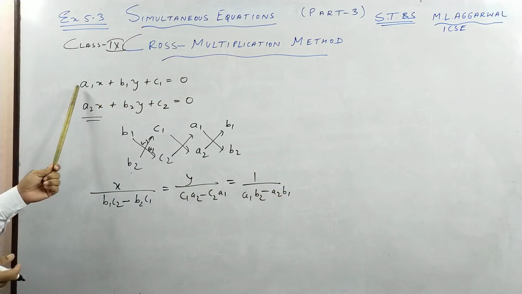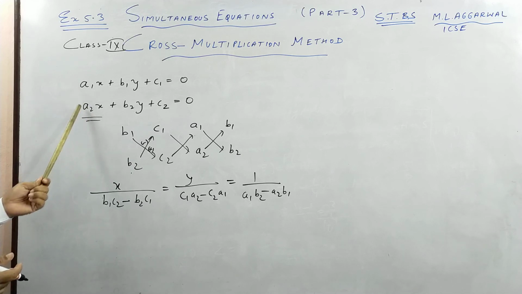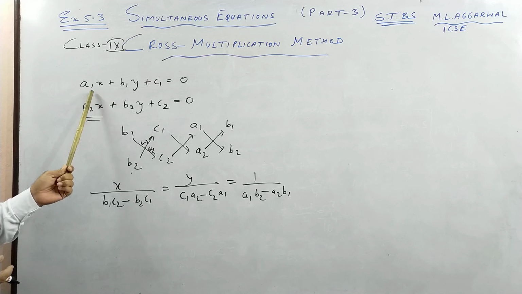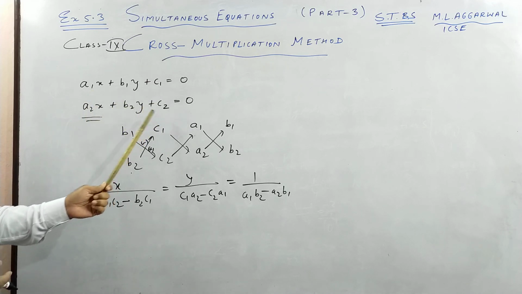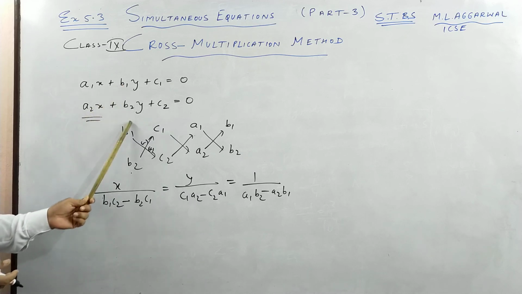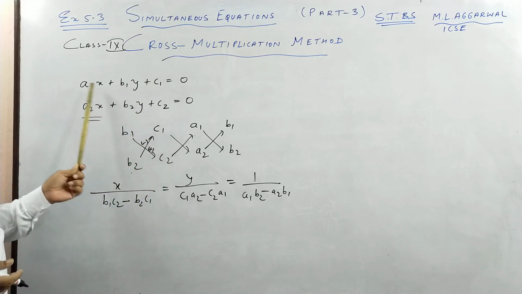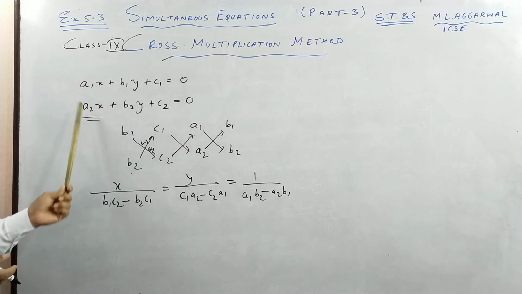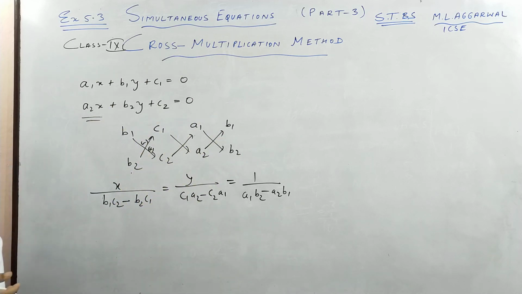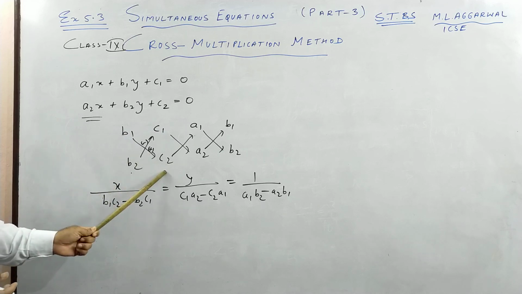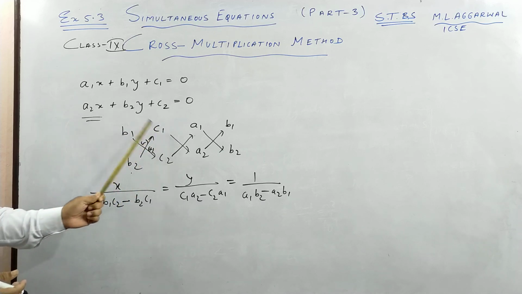Once more, for a simultaneous linear equation, a1 a2 b1 b2 are called coefficients. These are the coefficients of x, these are the coefficients of y, and c is the constant term. So leave the first one: b1 b2 c1 c2, again come back to a1 a2, then again b1 b2. So b c a b again. This way, x upon this into this minus this into this.